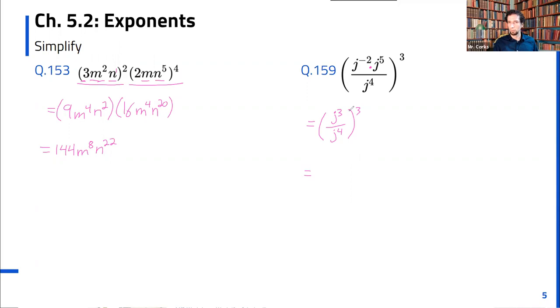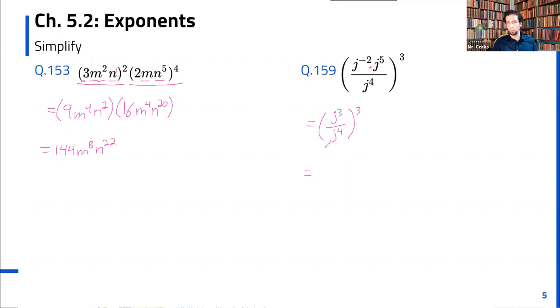We have to raise it to the exponent 3. j cubed is raised to the exponent 3, and then j to the exponent 4 is raised to the exponent 3. Okay, so we could do our expanding. We could bring this 3 in and apply it to the top and the bottom. We don't need to do that now. I think there's a slightly simpler thing we could do first.